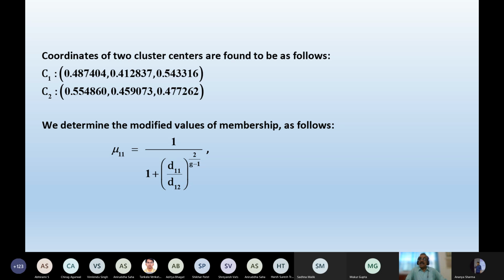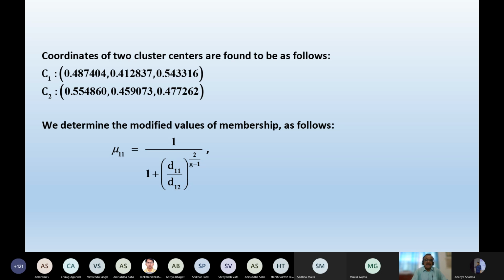And once you've got the cluster center, as I told, now you are in a position to modify the membership values like your mu11. If you remember, mu ij is the membership value of the ith data point with the jth cluster. So this is the membership function value of the first data point with the first cluster.